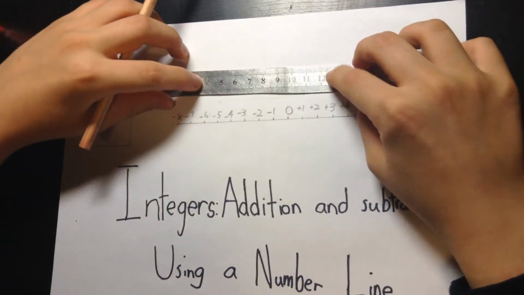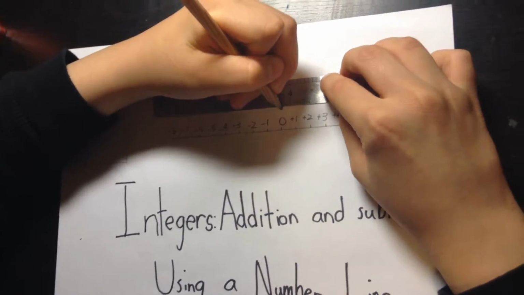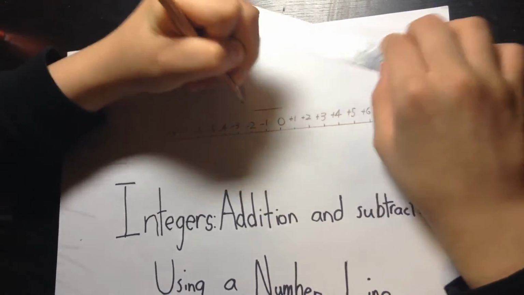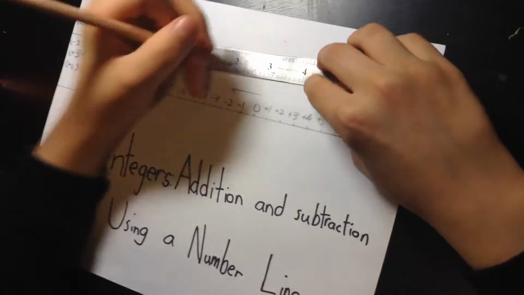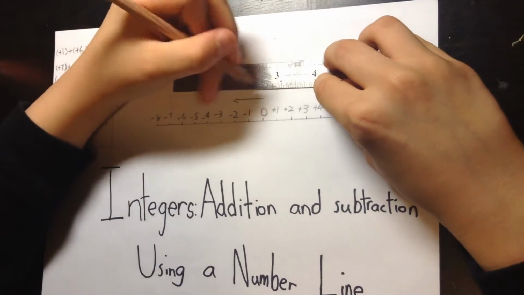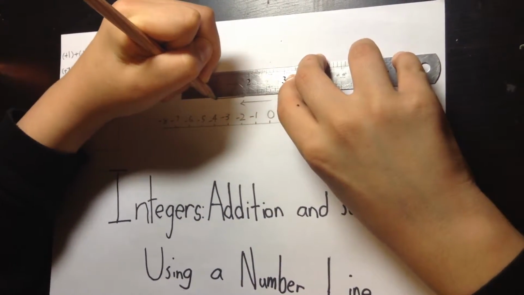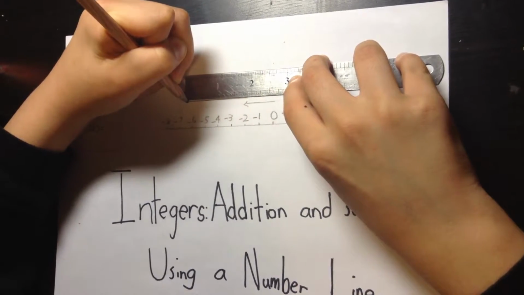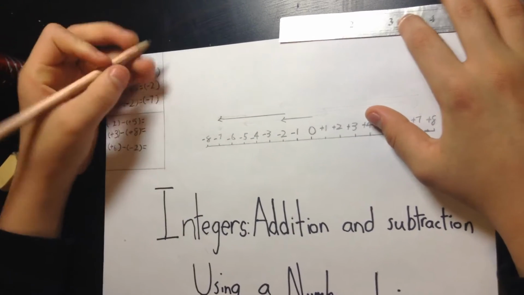So like the first one, you go negative 2, 1, 2. And then for the positive 5, instead of going to the right, you do the opposite and go to the left. So 1, 2, 3, 4, 5. And that's the answer.